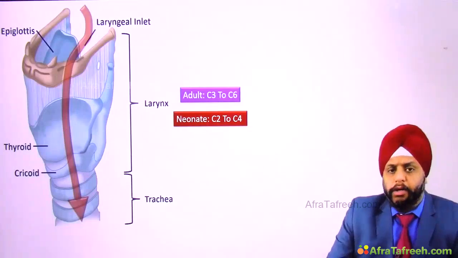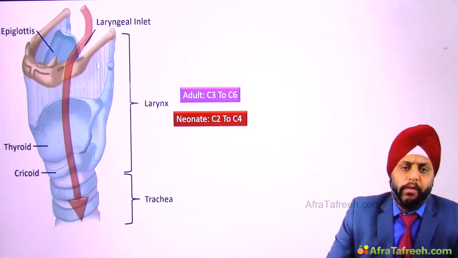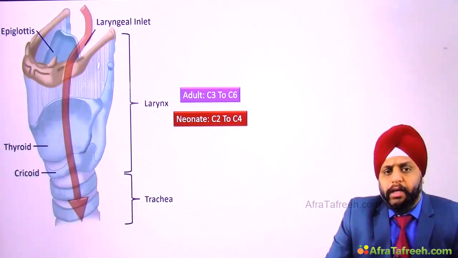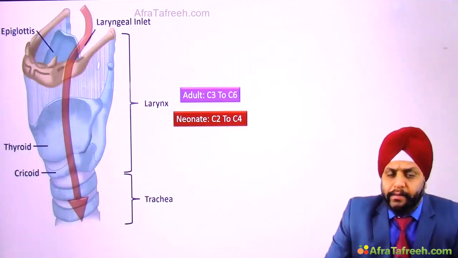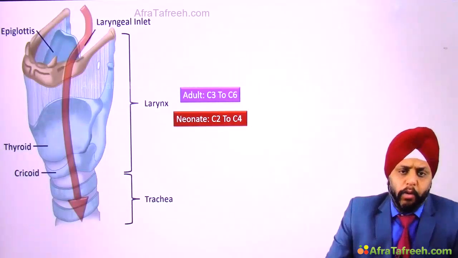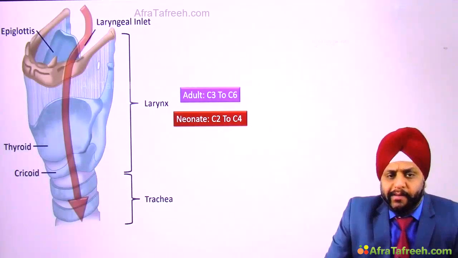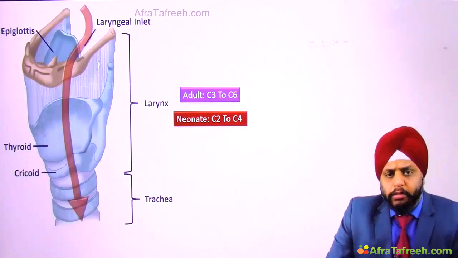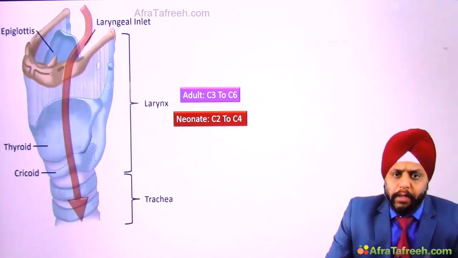Now what is the advantage of this? The advantage to the neonate is that the neonate can drink and breathe at the same time. When the newborn is sucking the milk from the mother's breast, he does not have to dissociate again and again to take a breath.